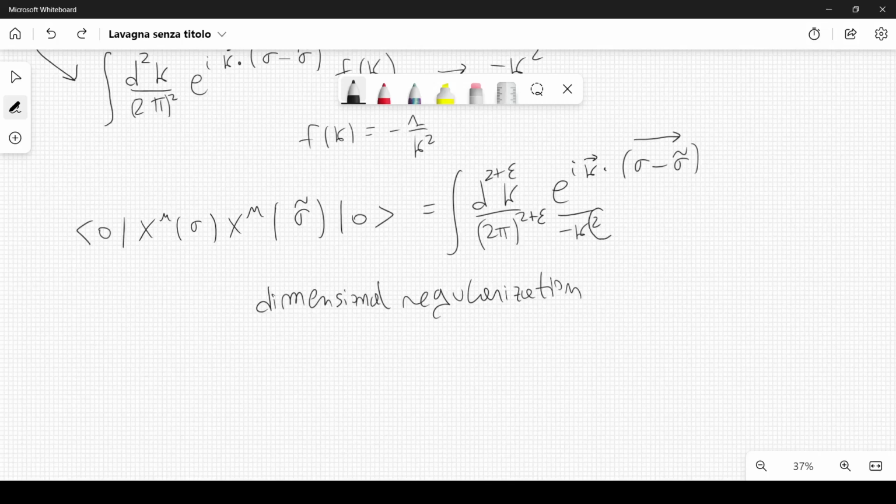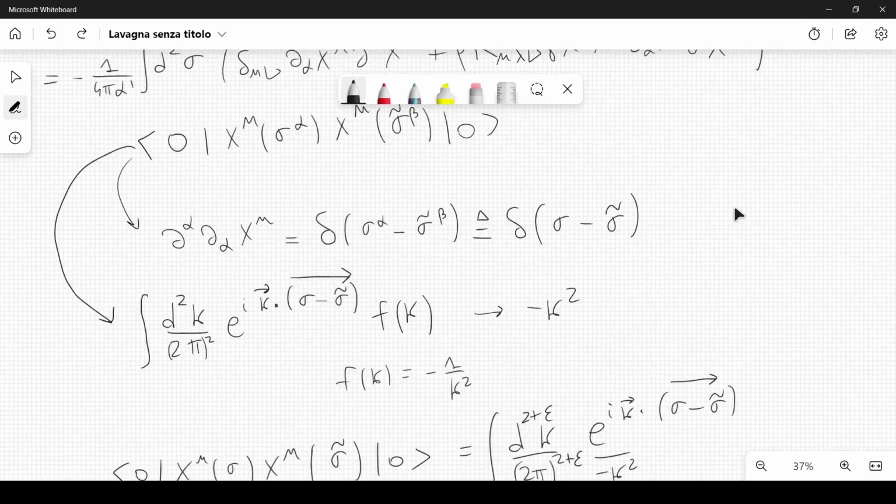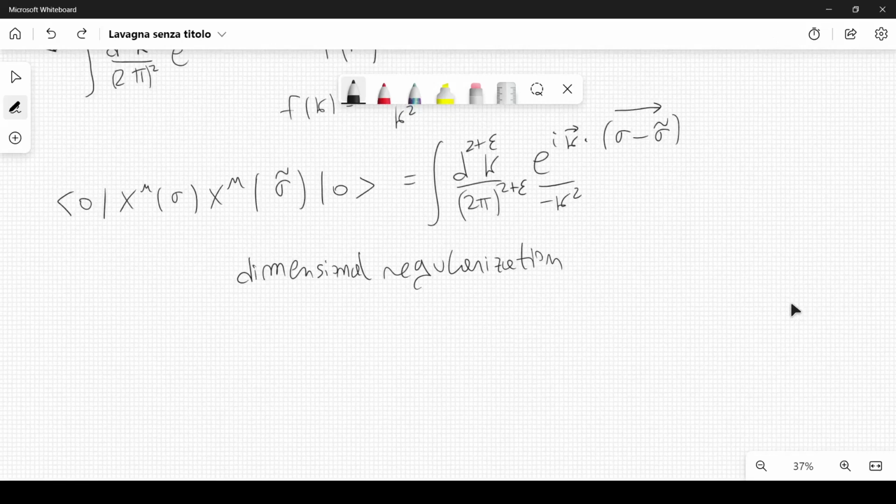But here we are left with the k squared. So this is not k to the 2 plus epsilon. It will remain k squared because it comes from the differential equation here. So this second derivative will remain a second derivative. And we should think of epsilon as some integer in general at first. But after the calculation, we will let epsilon go to 0.